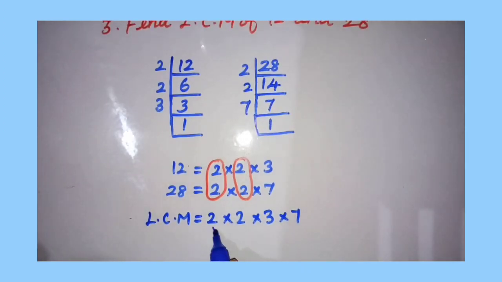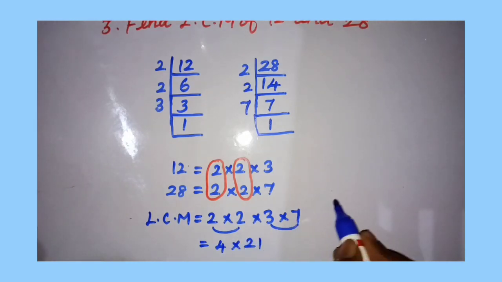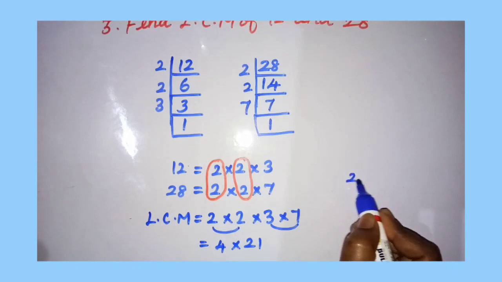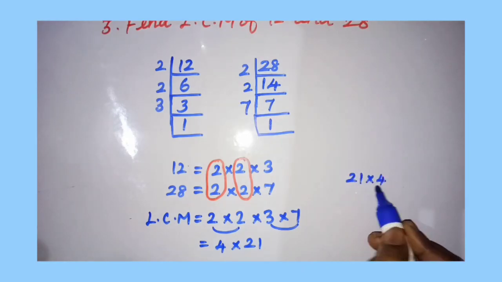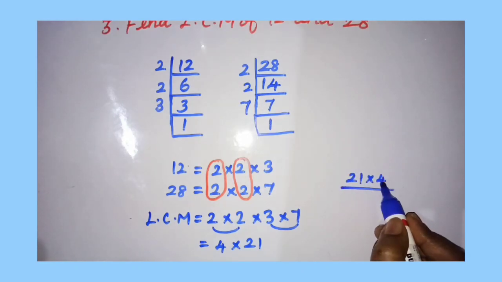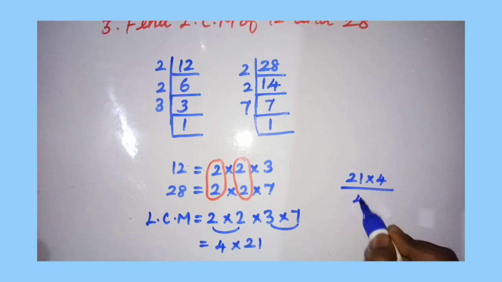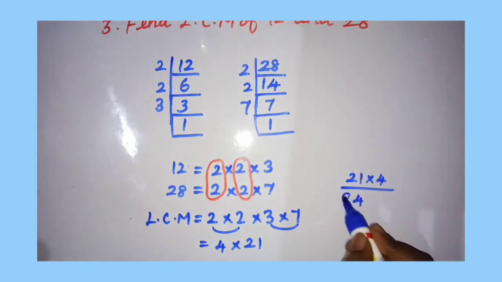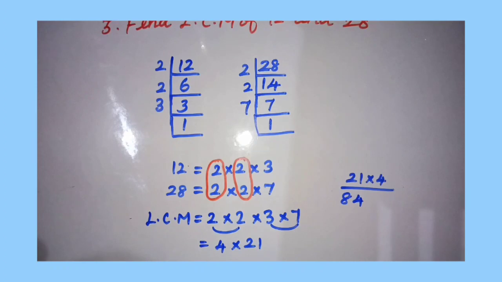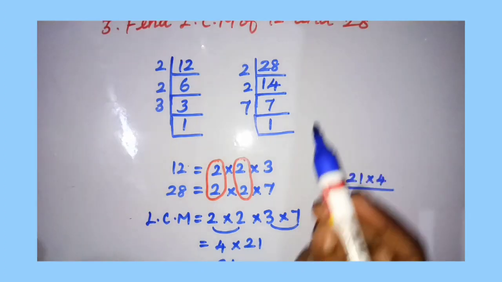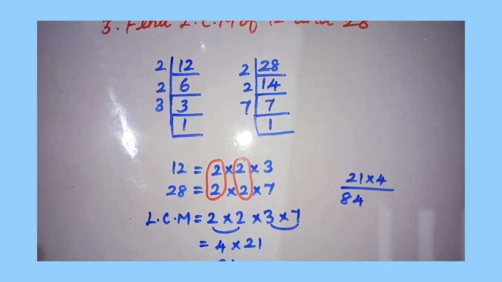Now multiply the values. 2 twos are 4, 3 sevens are 21. Now multiply 21 into 4. 1 fours are 4, 4 twos are 8. So the LCM value is 84. So the least common multiple is 84.